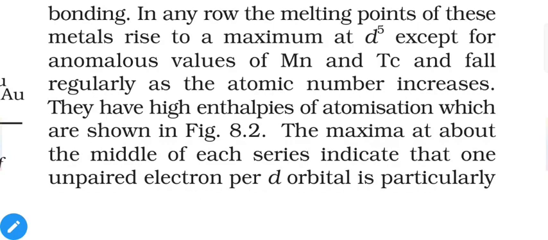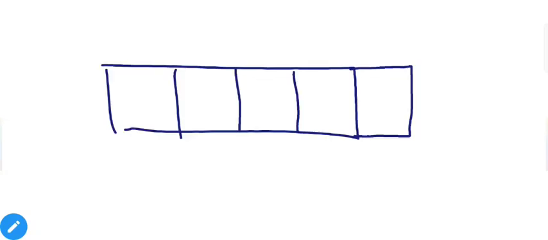So that means it depends on the number of electrons present, and actually on the number of unpaired electrons present in the d orbital. From 1 to 5, the number of unpaired electrons will increase, and as we move from 6 to 10, it will start decreasing. Let us say this is our d orbital, and the maximum number of electrons that can be occupied is 10.